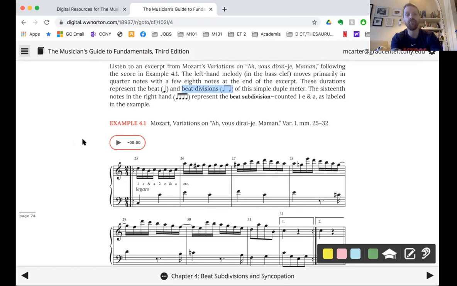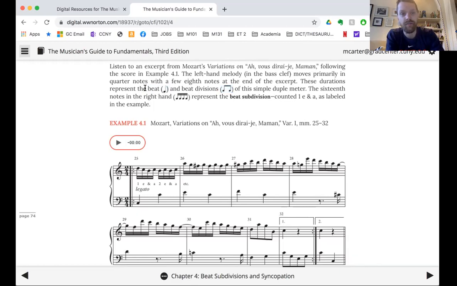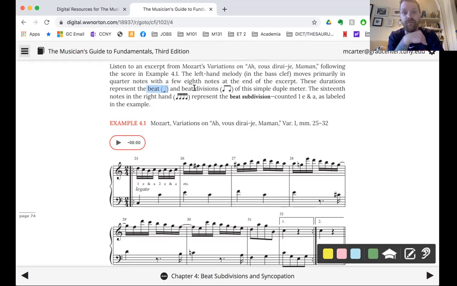Regular division, as opposed to subdivision, is the next layer down from the beat. If the beat is a quarter, the first division is into 2 eighth notes.